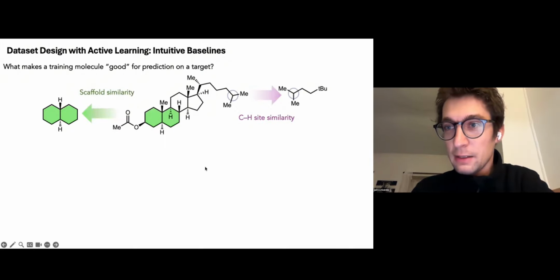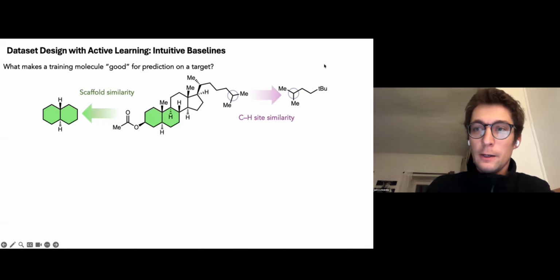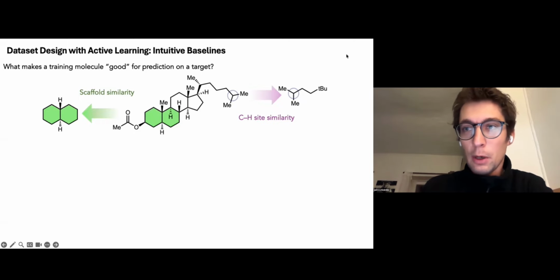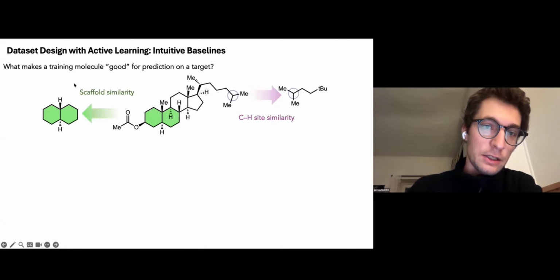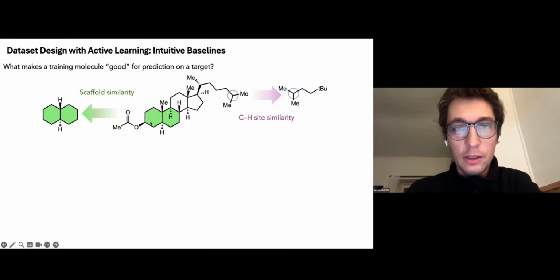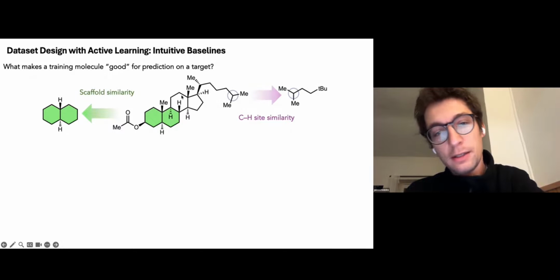So to do that, we first designed baselines of how you could do an iterative dataset design, which do not include model information, but one is scaffold similarity. So you could think about what is a good training molecule for predicting on this target.